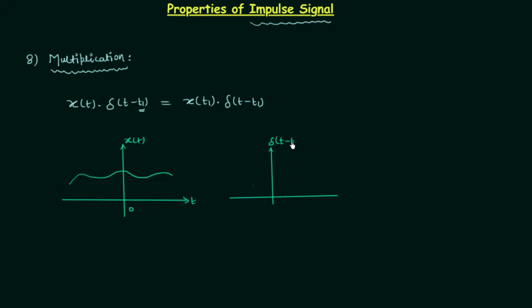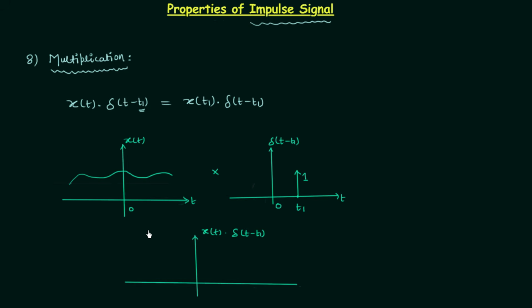Let's say this is t1, so we have the impulse at t1 and the weight of the impulse is 1, and we are multiplying the two signals, and here I will plot the waveform of the resultant signal. The resultant signal is x(t) multiplied by delta(t minus t1). So till now everything is clear.